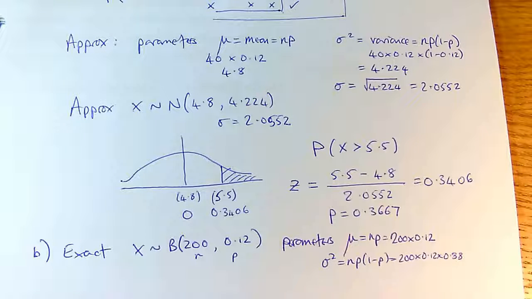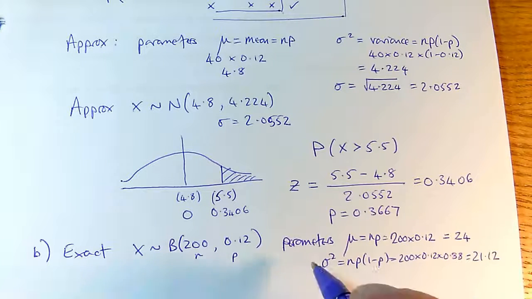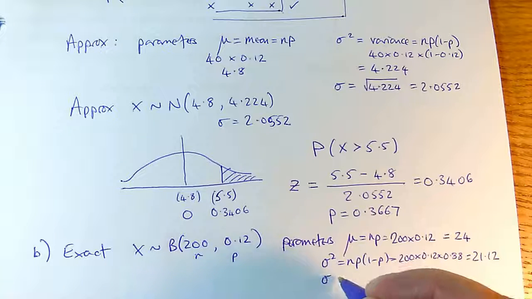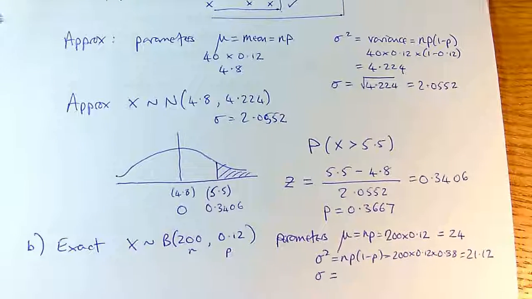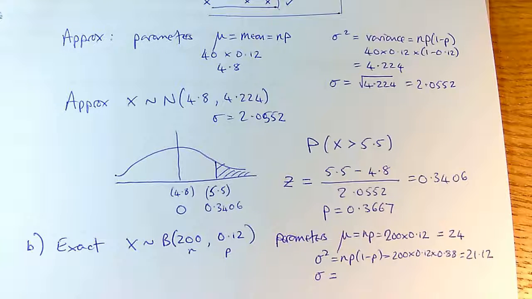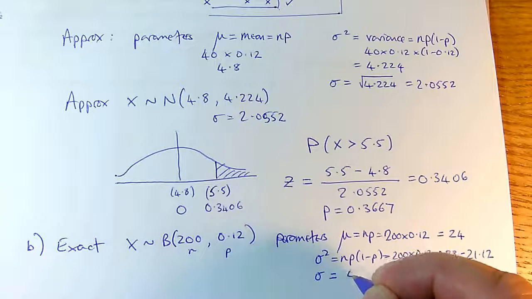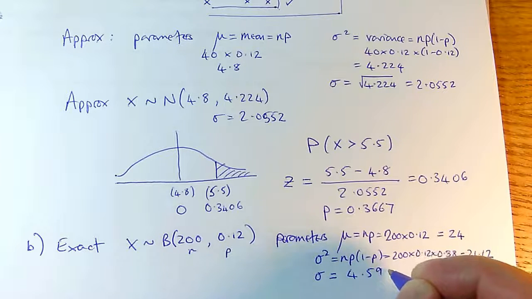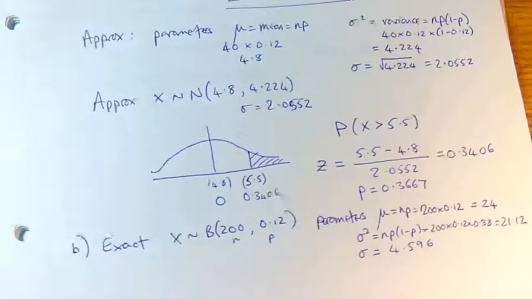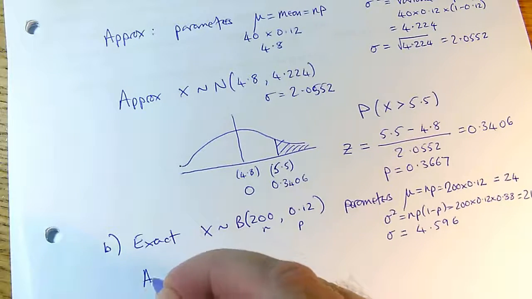If you work those out, they come to 24 for mu and 21.12 for the variance. Am I going to stop at the variance? No. Whenever we get a sigma squared, make sure we know what sigma is as well. So sigma is the square root of 21.12. On my calculator, it tells me that's 4.596.